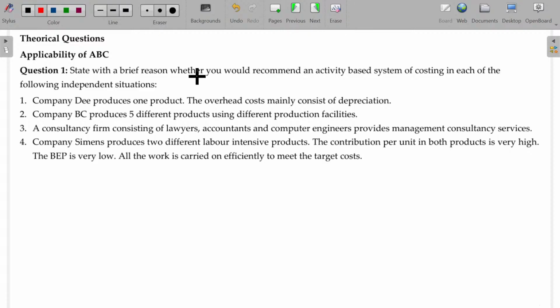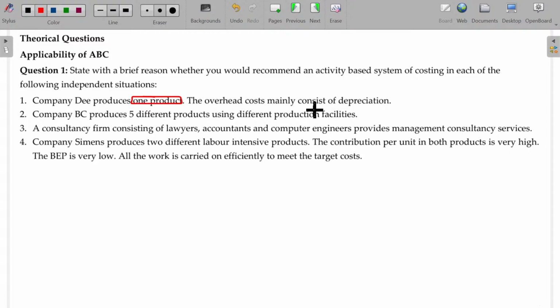Some theoretical questions we'll discuss here. State with a brief reason whether you would recommend an activity based costing system in each of the following independent situations. Company D produces only one product.